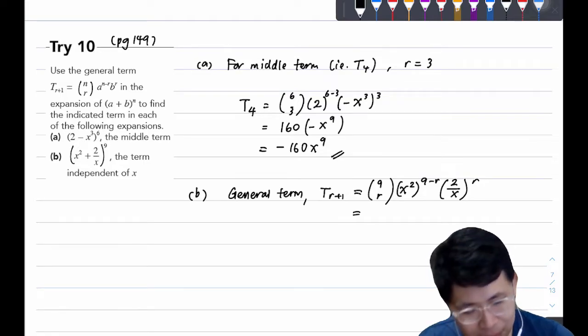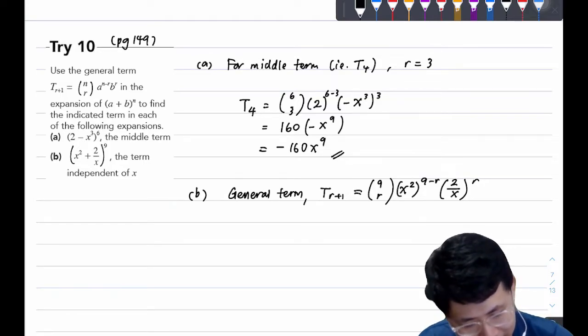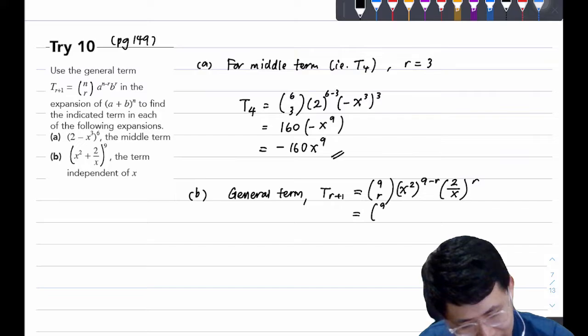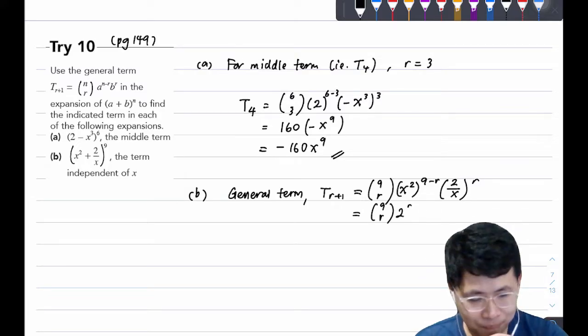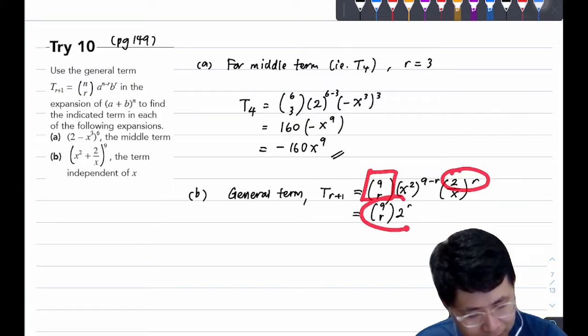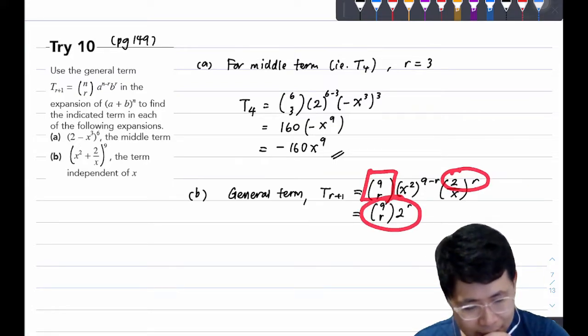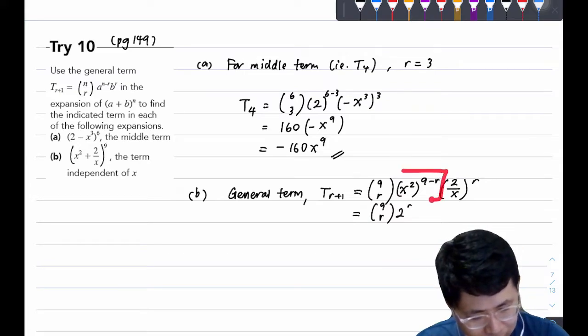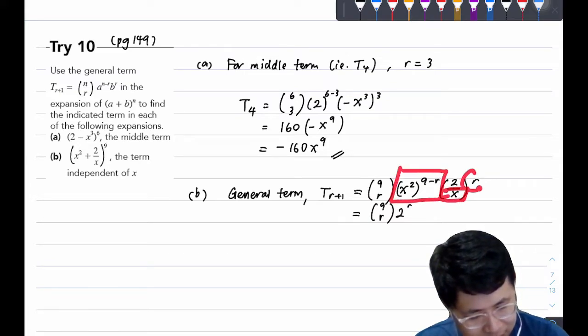Let me write down all the coefficients that I have. The coefficients I have are 9 choose r and 2 to the power of r. Do you see that? 9 choose r and 2 to the power of r. So I write them in front as the coefficient. Next, I use the laws of indices to get this and the laws of indices to get this.